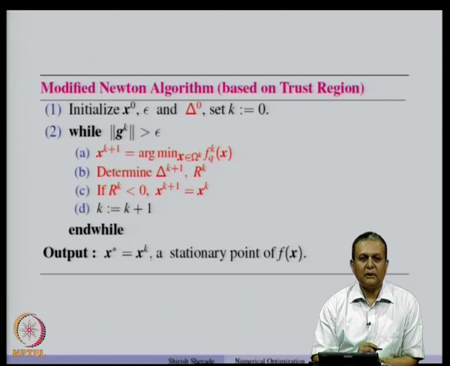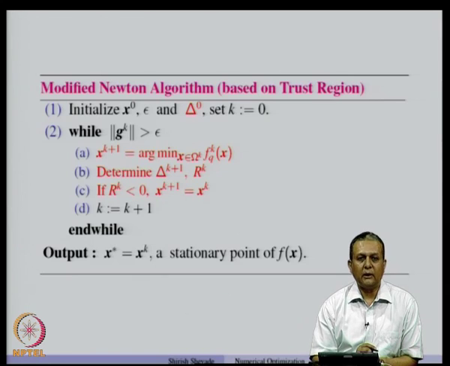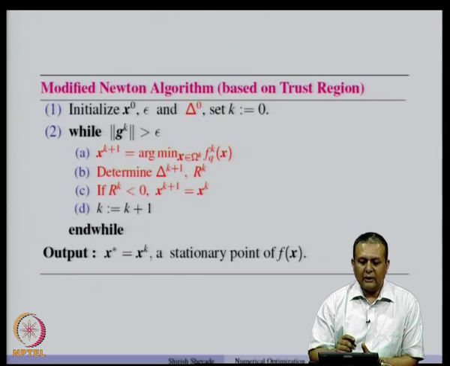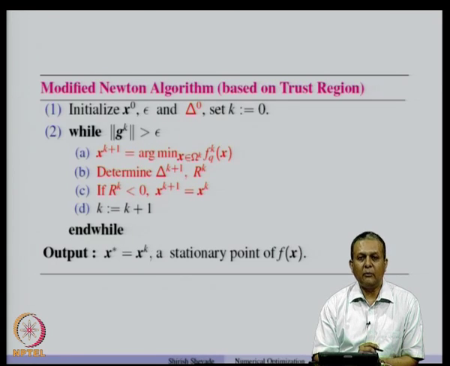In the previous method that we saw, it was made sure that the direction dk that we get is a descent direction, which is unlike the classical Newton method, where the direction is always minus Hk inverse gk, and which need not be a descent direction.